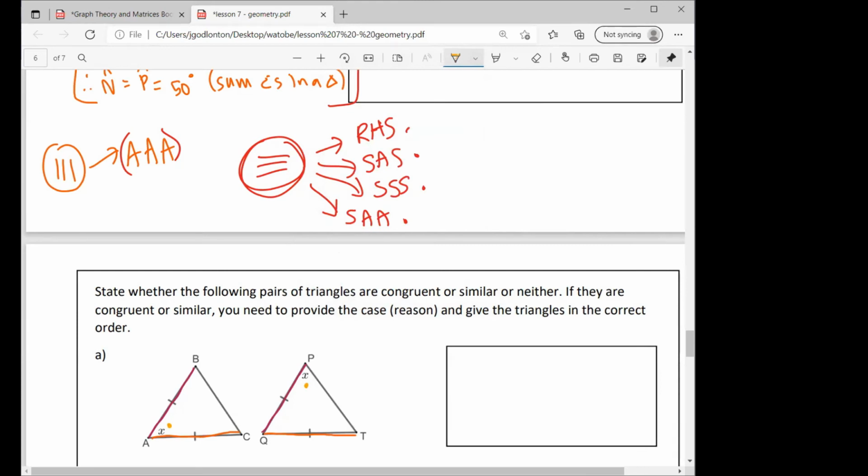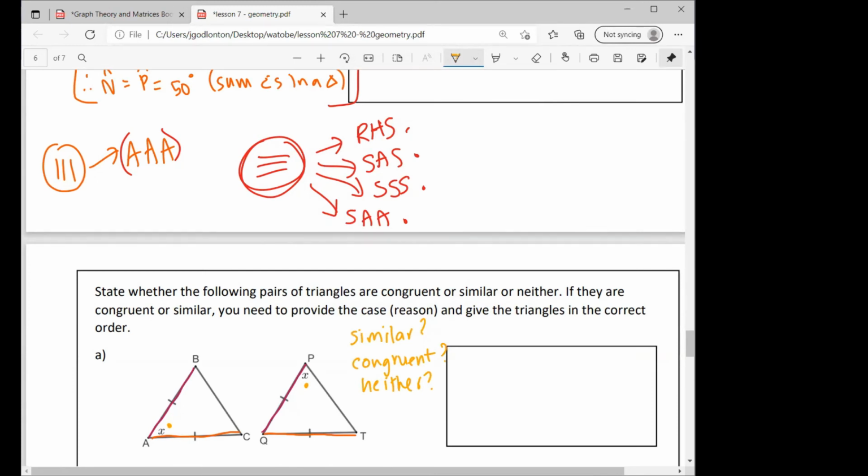Now, I want to ask you, is this similar, or is it congruent, or is it neither? Give me your answer. Similar, congruent, or neither?